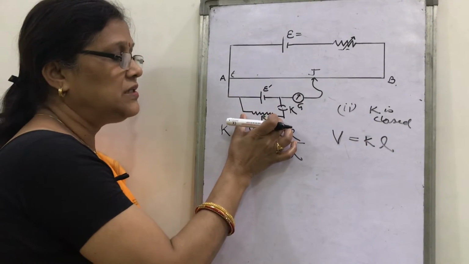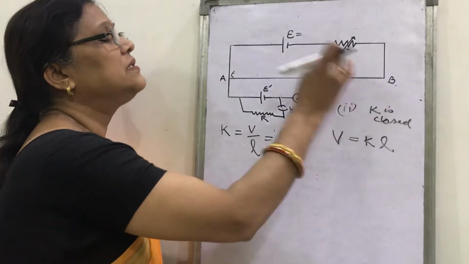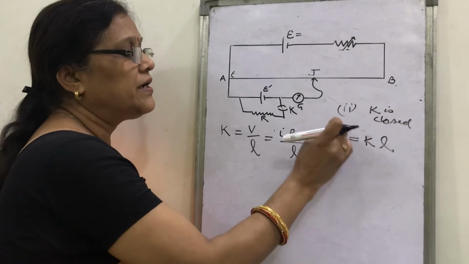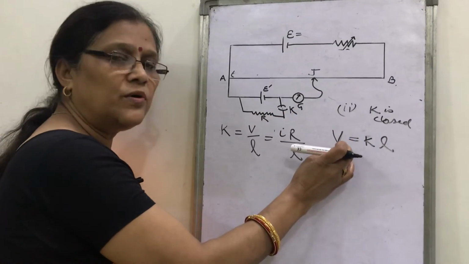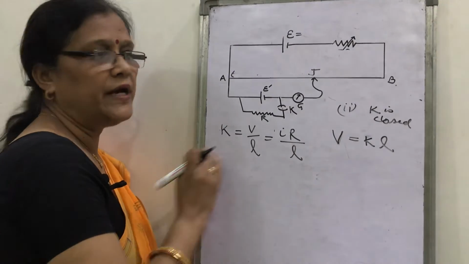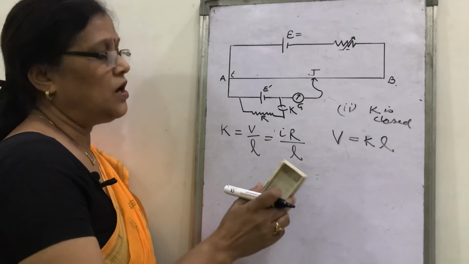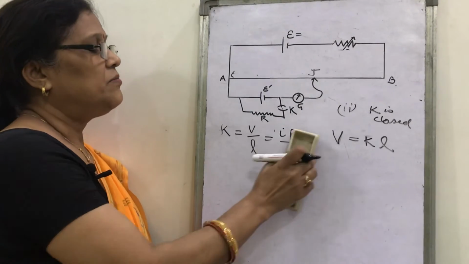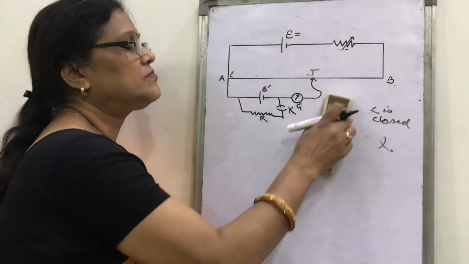R is increased, that means the null point will shift again towards the point B, because we will get more potential drop across R and V will be more, so the length will be more, so J will shift towards the end B. So in both the cases, we apply the concept of potential gradient in terms of V as well as I.